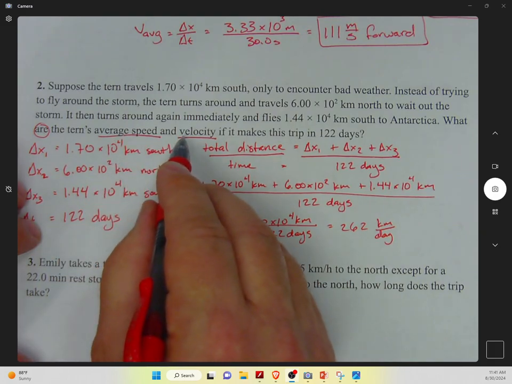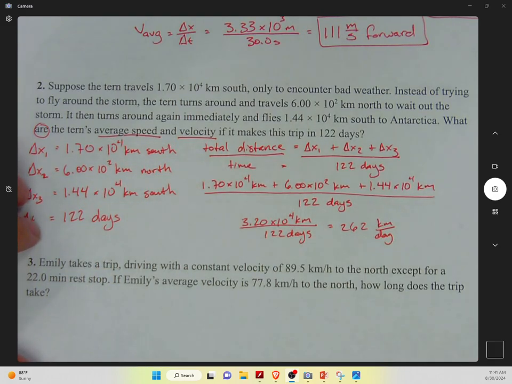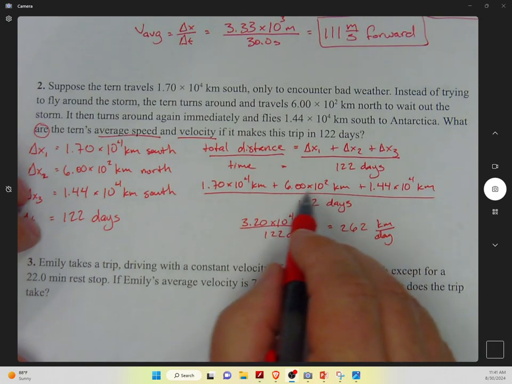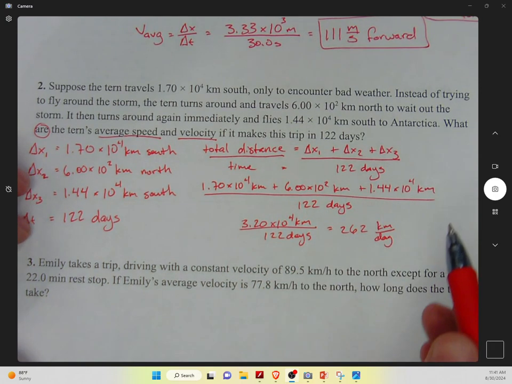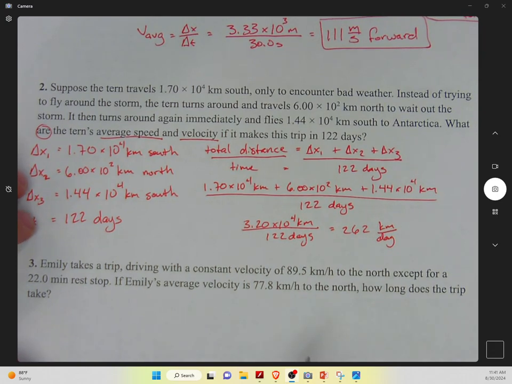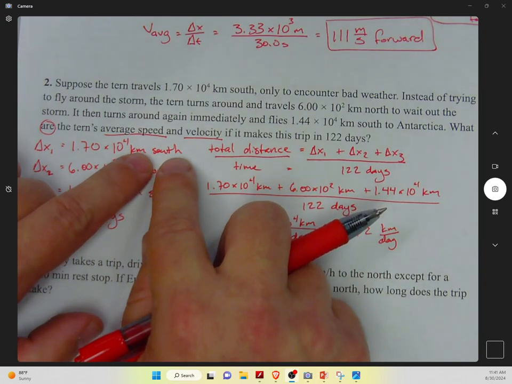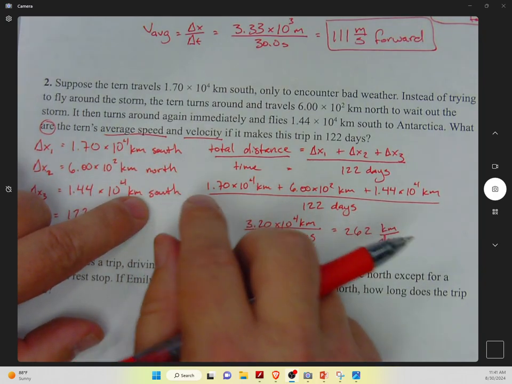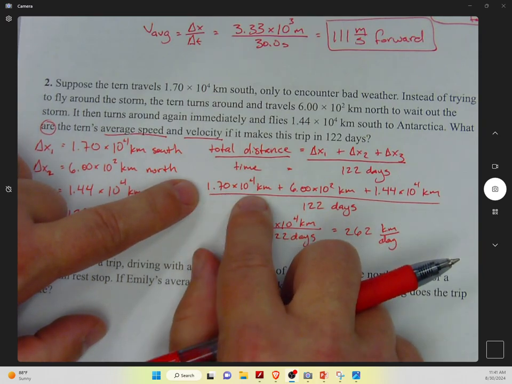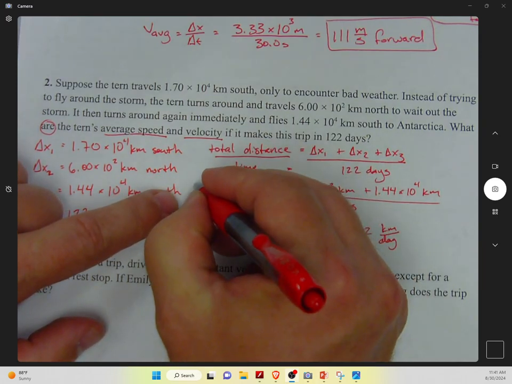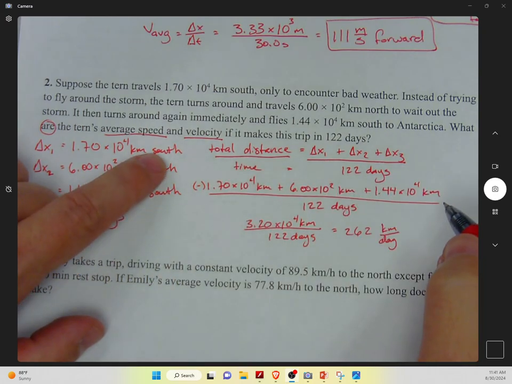Next, I need to do velocity. Now this one is going to be the exact same approach as I've done here, except now I'm going to actually use some sign conventions. Right? My initial direction was south, then went north, then south again. So my initial displacement, I'm going to actually make this a negative because it's going south.